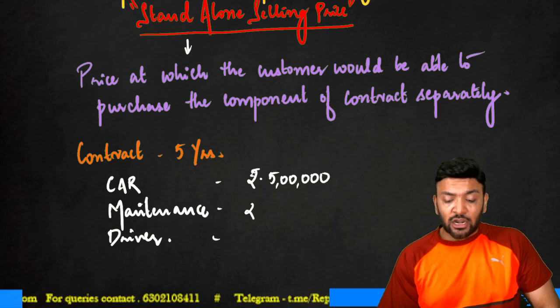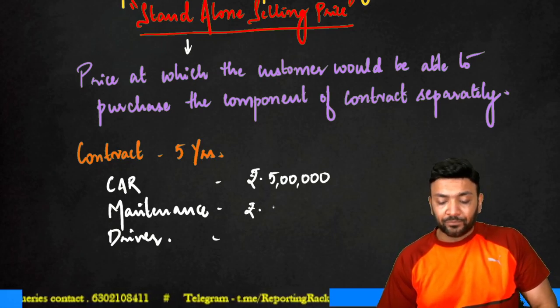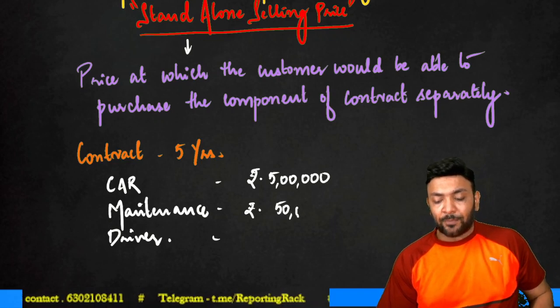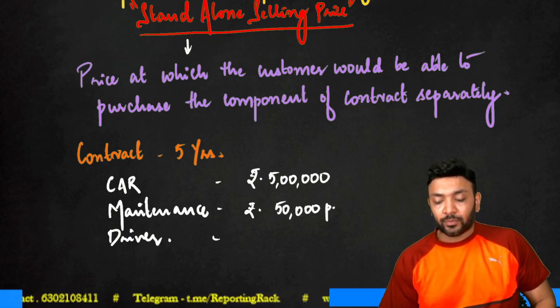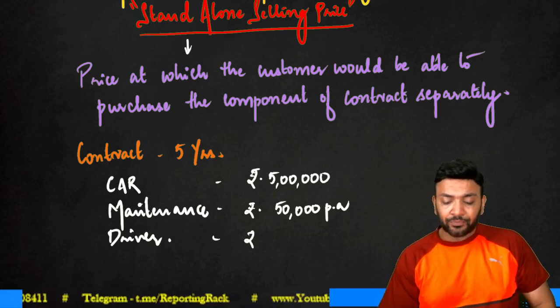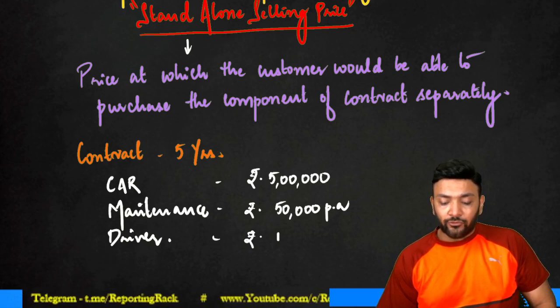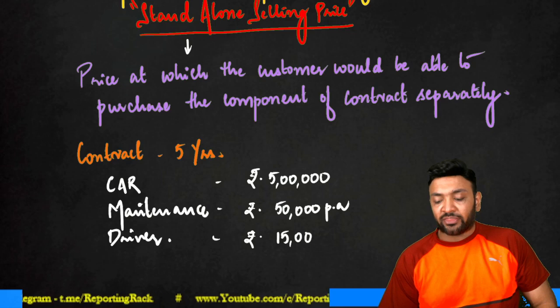My maintenance contract on an average would have been, let's say, 50,000 rupees per annum. Let's say my driver's salary would have been 15,000 rupees per month.